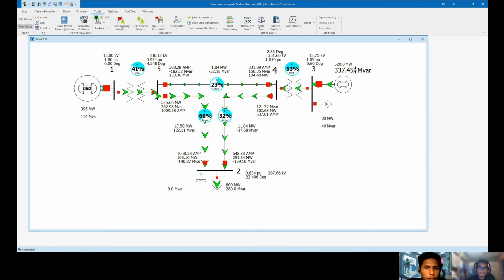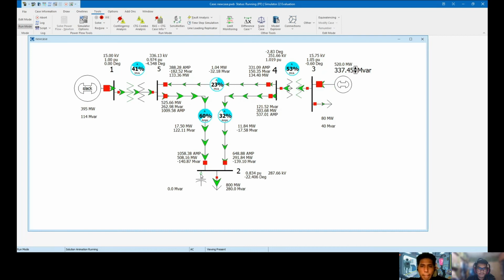So we play this. As we see, we receive only 0.834 pu, or 287.66 kilovolt of voltage power to us, which is not acceptable.